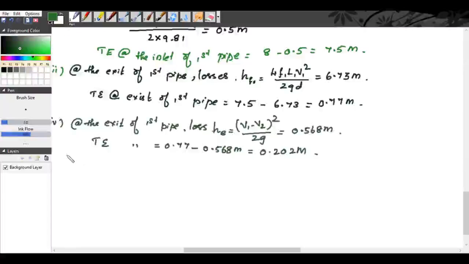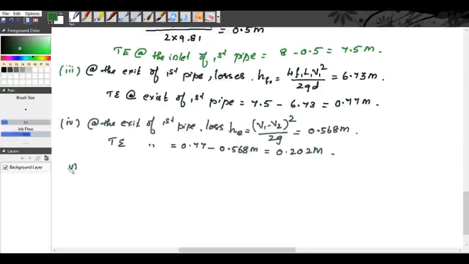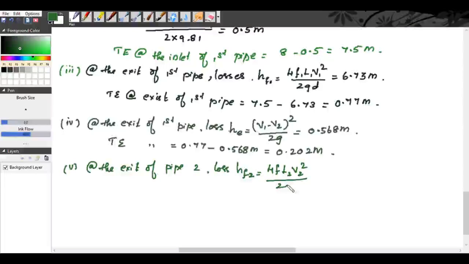So now at the exit of pipe 2, we have the loss HF2. So HF2 is equal to 4F L2 V2 square by 2G D2. Substituting the values we get HF2 is equal to 0.126 meter.